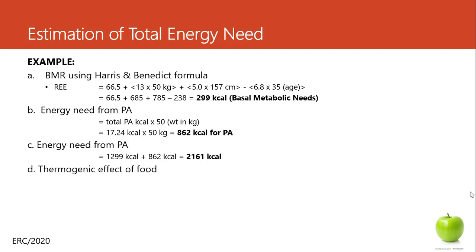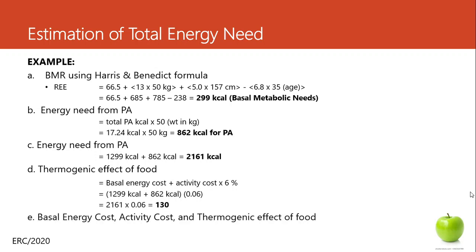Okay, next we have to compute the thermogenic effect of the food. The basal energy cost plus the activity cost multiplied by 6%. So 1,299 kilocal plus the 862 kilocal multiplied by 0.06. So 2,161 multiplied by 0.06, we have 130.